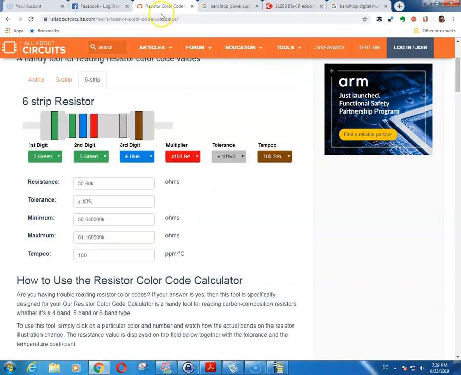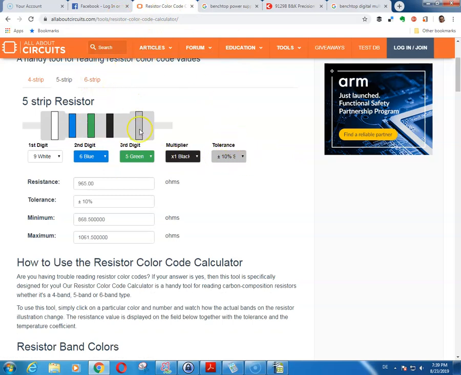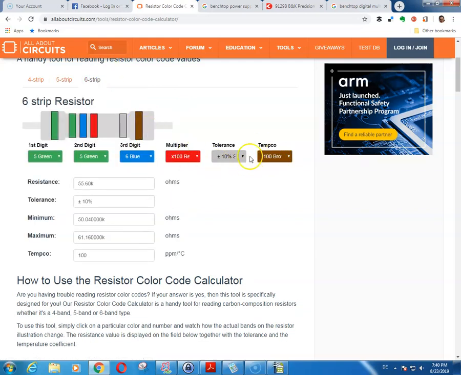This kind of resistor, for example this 5-strip resistor, has no temperature coefficient. So you don't really know what's going to happen if the temperature of the resistor rises 5 degrees or 6 degrees or 7 degrees and so forth. But this resistor, of course, is a little bit more pricey, more expensive, but over here you can anticipate what's going to happen.